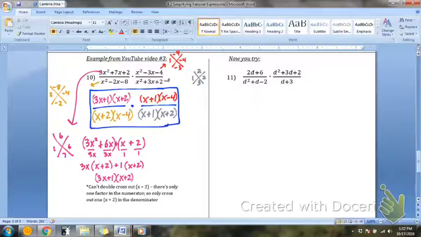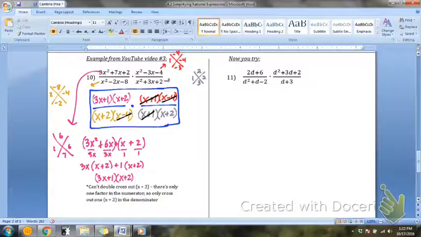Okay, I'm going to go ahead. If you're still working on it, that's fine. I can cancel out an x plus 1 and an x plus 1. I can cancel out an x minus 4 and an x minus 4. I can cancel out an x plus 2 on the top. Everyone look up here for just a minute, even if you're not finished.